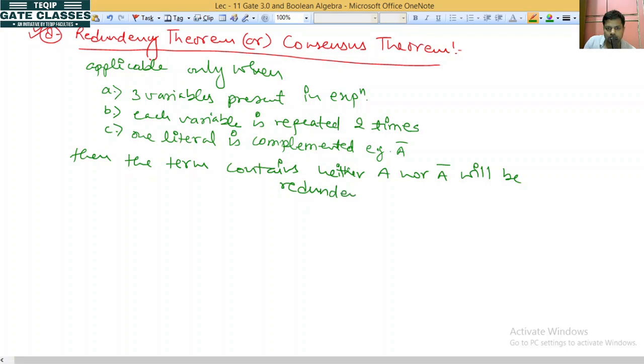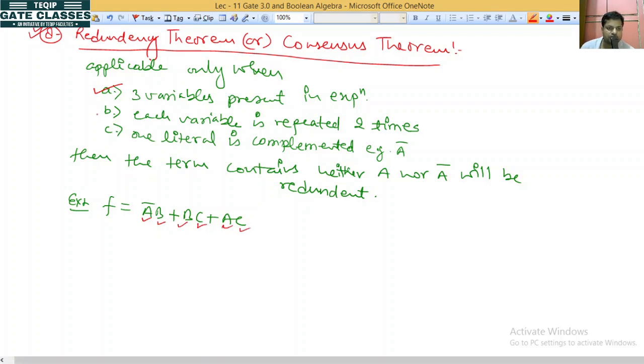Okay na? What is an example for this? Suppose I have one expression as A bar B plus BC plus AC. Okay na? So if you see here, you can apply redundancy theorem here, because this expression F has three variables A, B and C. Okay, the first condition is satisfied. Second condition is each variable is repeated two times. So A is repeated two times, B is repeated two times, C is repeated two times.